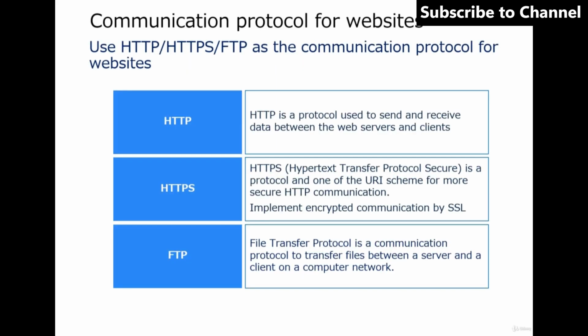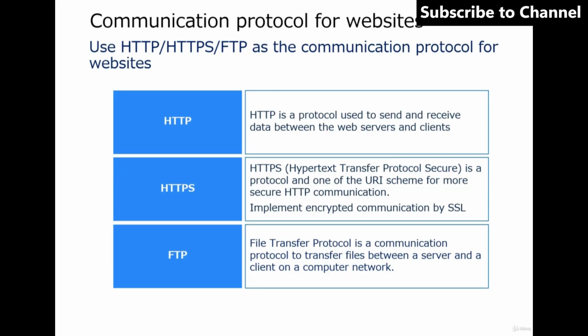There are three communication protocols for websites: HTTP, HTTPS, and FTP. HTTP is a basic protocol used to send and receive data between web servers and clients. HTTPS is an abbreviation for Hypertext Transfer Protocol Secure.